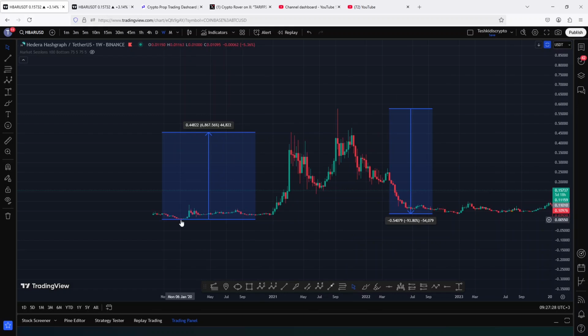And starting the video here on the weekly chart, you can see that back in 2020, after seeing these significant lows, we started a very impulsive bounce to the upside in a move that gave us the all-time high by then above the 0.45493. And in that impulsive bounce to the upside, you can see that the market was up more than 6,867.56% to the upside.